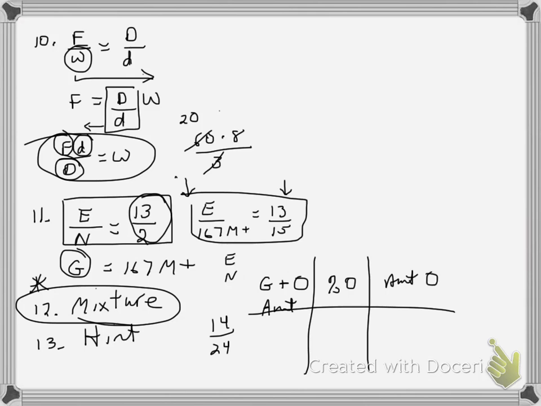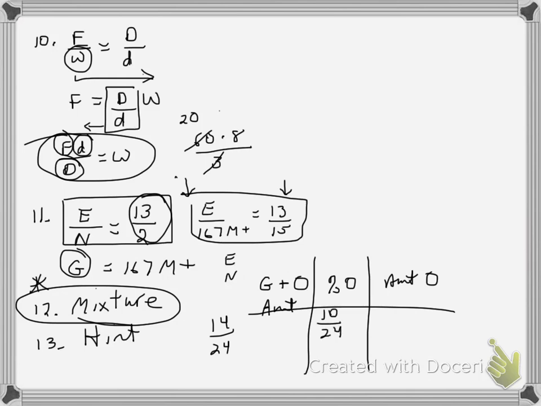Now, they say 14 karat gold is 14 out of 24 parts pure. That means there's 14 parts gold to 24 parts altogether. But I want percent of other, and percent of other or fraction of other will work. So rather than using 14 over 24, I'm going to use what's left, 10 over 24.